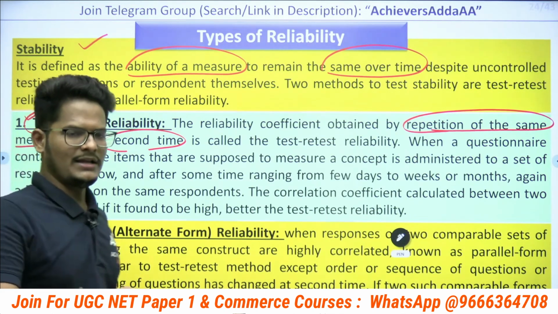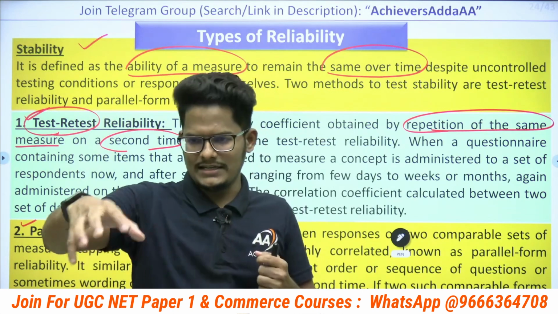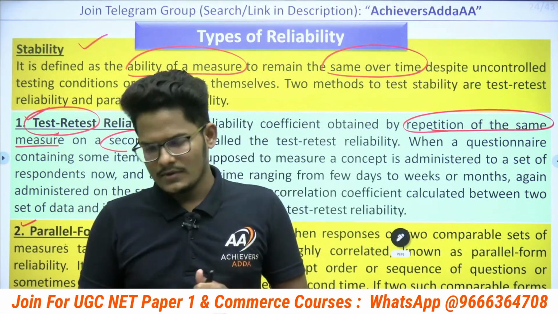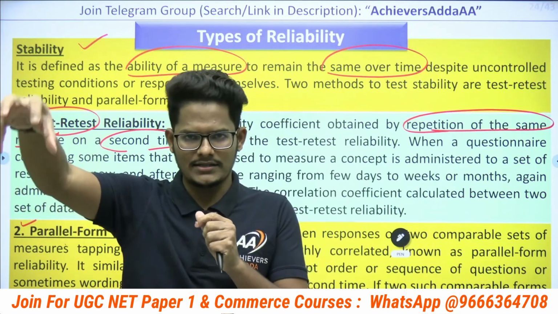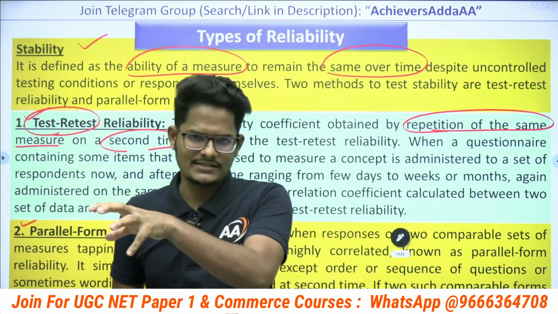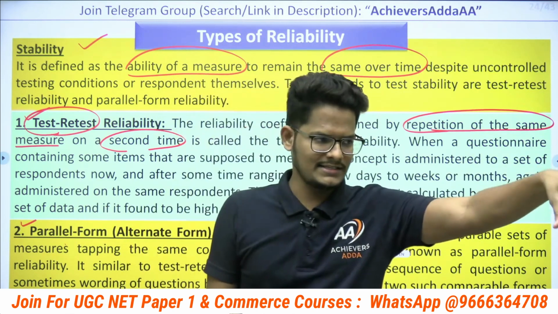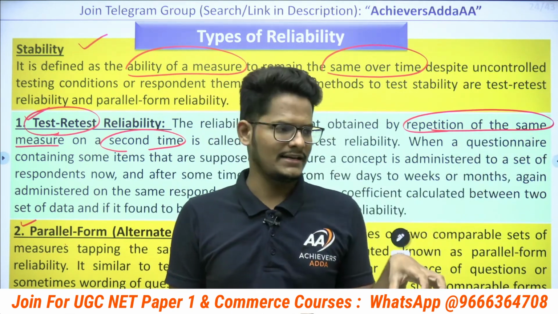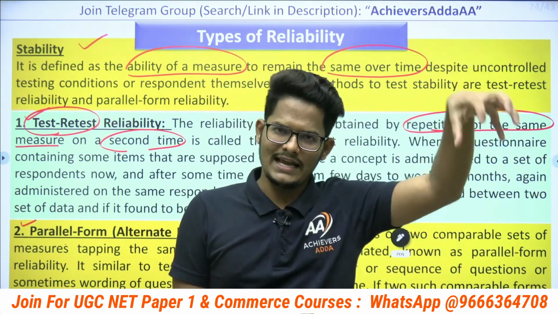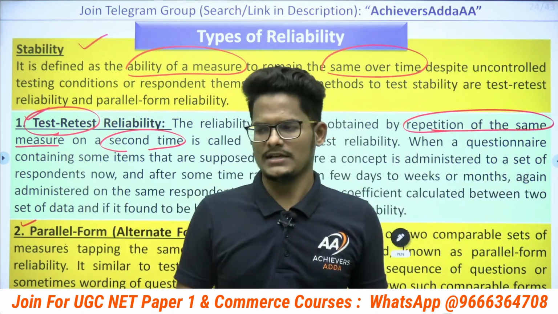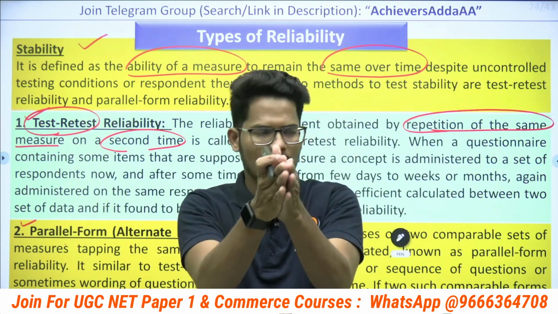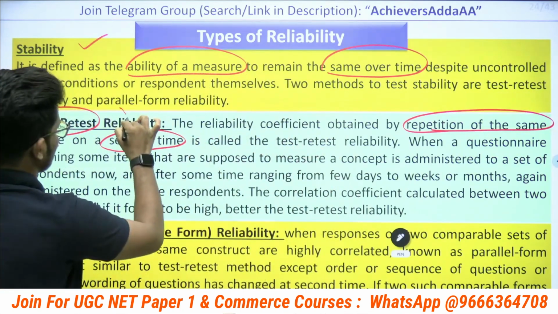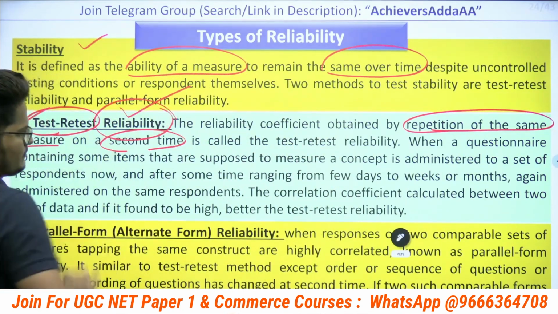So I am performing a test on 10 members from this class today, and next Saturday I perform the same test on the same respondents. If the first week and second week results are the same, that is test and retest reliability.